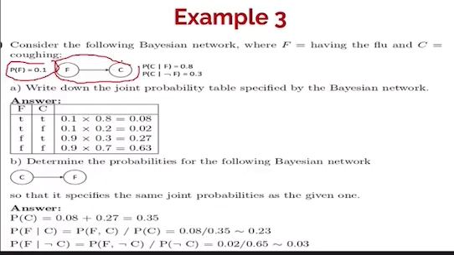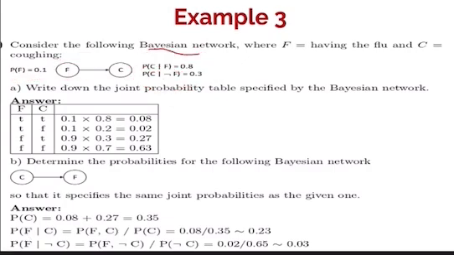C depends on F, so I'm going to have two. Maybe I cough because I have a flu. I can also cough if I don't have a flu. Does that make sense? That's why they give you 2.